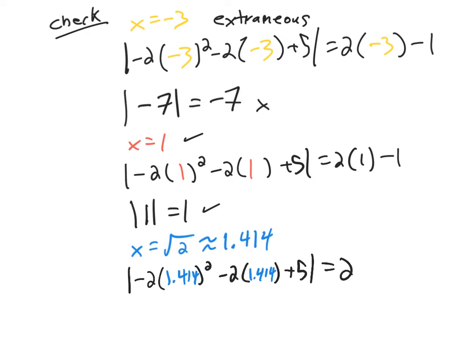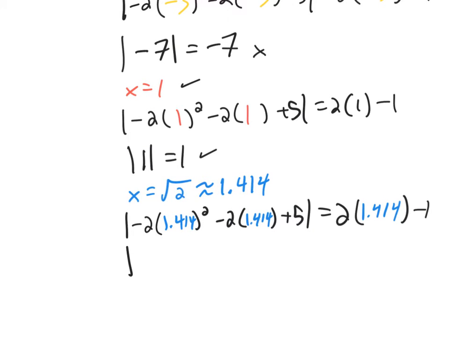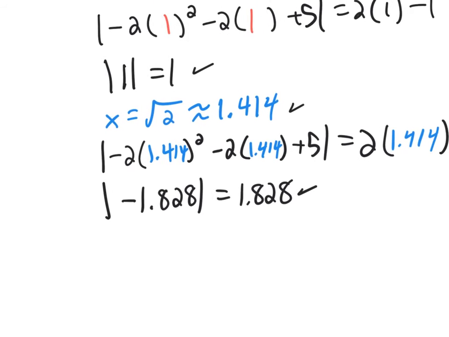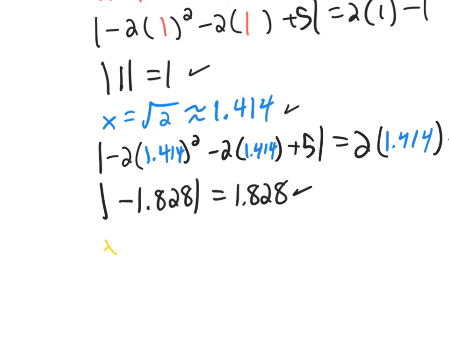And it is possible, depending on your teacher or your level, that you might have to use the actual value of root of 2 to do this, but for this point we're just going to approximate. I get the absolute value of negative 1.828 is equal to 1.828. That's a match. So the root of 2 is a valid solution.